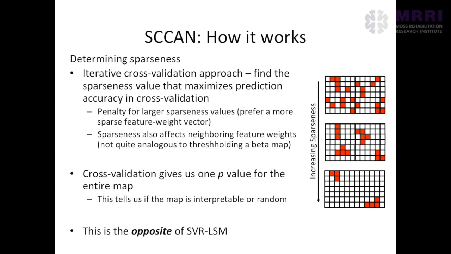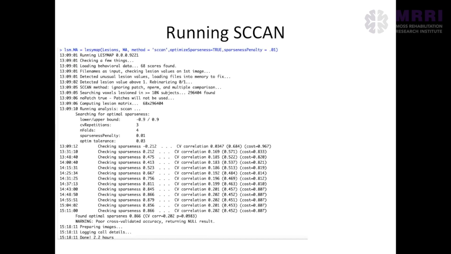Just to summarize, this whole approach you can think of as being the complete opposite of what happens in SVR-LSM. So is it good? When you run the analysis, this is basically what you get out, which is a lot of gibberish.